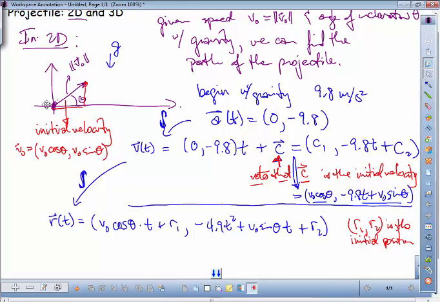So in our simple example here at 0, 0, that is just an initial position where it's 0, 0.